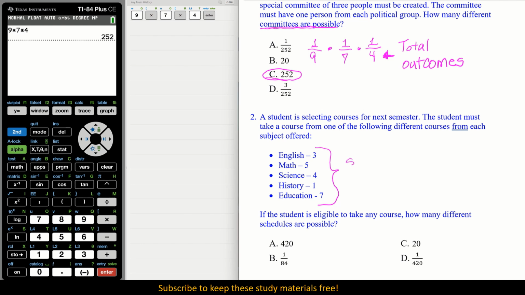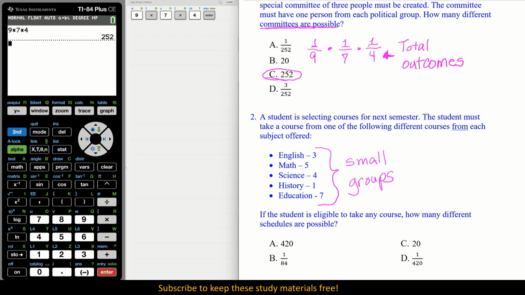So these are our small groups, and from these small groups we have to create one group. It says, if the student is eligible to take any course, how many different schedules are possible?